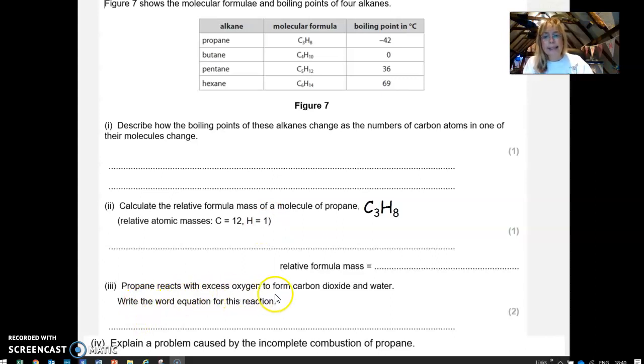Propane reacts with excess oxygen to form carbon dioxide and water. Write the word equation for this reaction. And question 4, explain a problem caused by incomplete combustion of propane, and that is for 2 marks. So pause the video for 6 minutes and then you can restart to purple pen your answers.